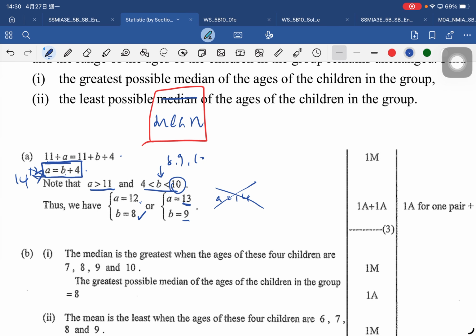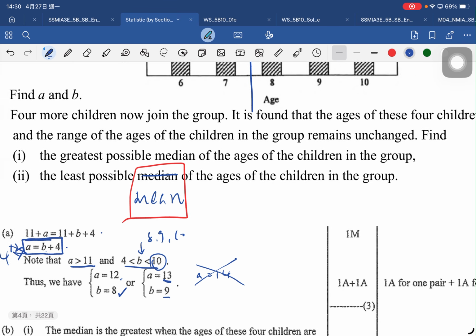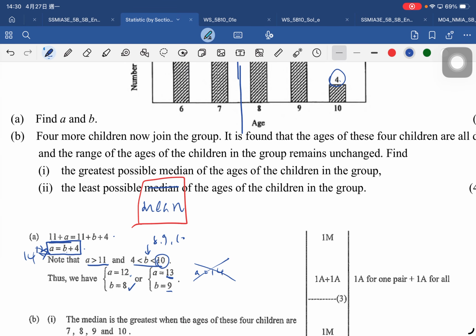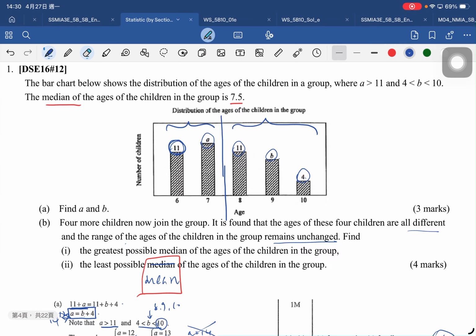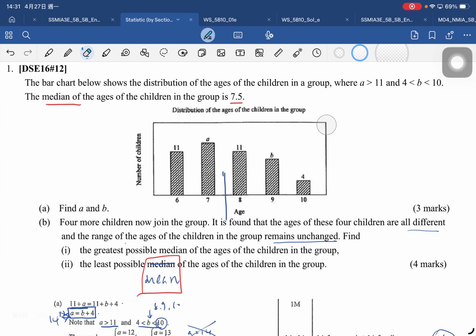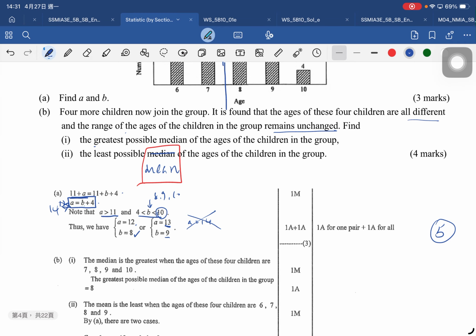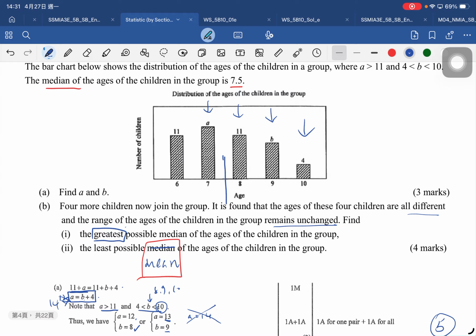But how about part B? Part B, I would like you to find: 4 more students now join the group, if they have different ages. The range of the age remains unchanged. 範圍不變。個 range 係唔變嘅，但係呢4個人嘅歲數係點㗎？不同嘅。Because we would like to find the greatest possible median, is there any change in the mean?